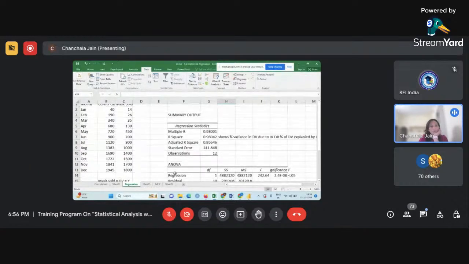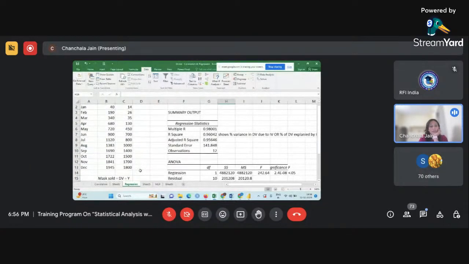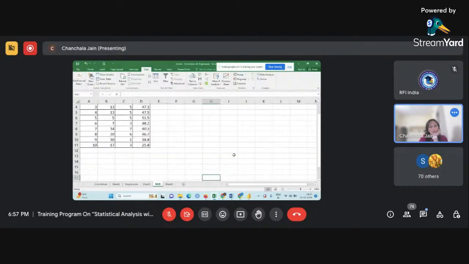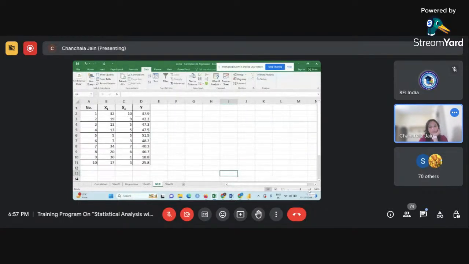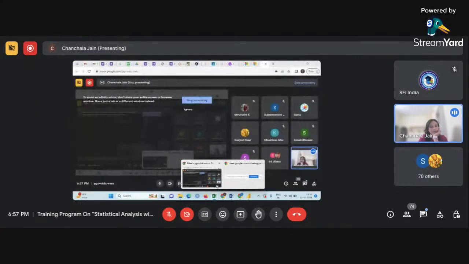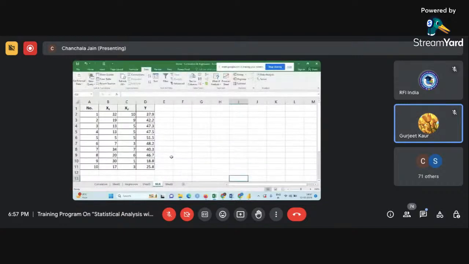Now you can find the fifth sheet with the name MLR, multiple linear regression. I expect everyone to open the next sheet. May I start explaining? So friends, here we have three variables: first variable x1, second x2, and third y.